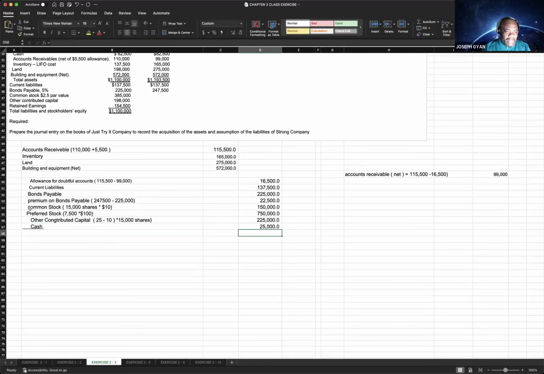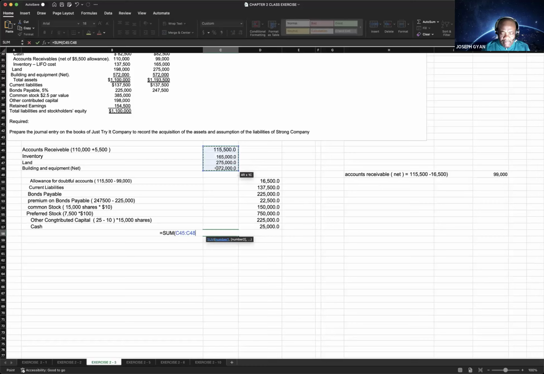Okay. Now we have to determine what the goodwill is. There are 2 ways of doing it. I can use the Excel here. This is equal to the sum of the total here, and this is equal to the sum of this one.